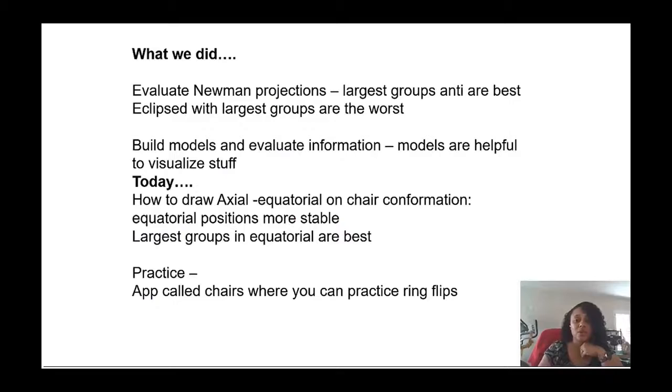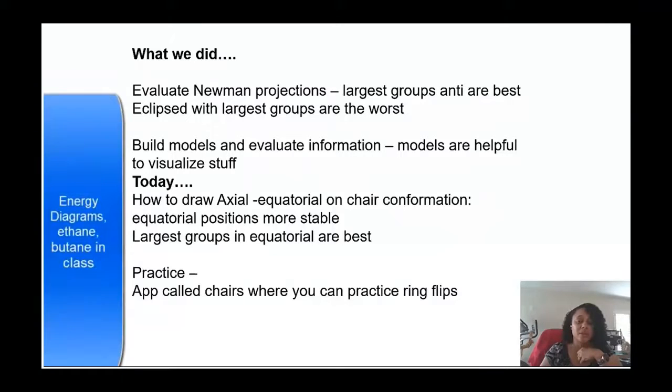So far we looked at Newman projections, the anti position in the staggered form and the eclipse form are actually the best. And so putting your largest groups in the anti position, meaning opposite to each other, is always a good thing. Looking at this with building models is one of the best strategies that you can use, and so that's why we require that you have model kits, and we're going to need that in class.